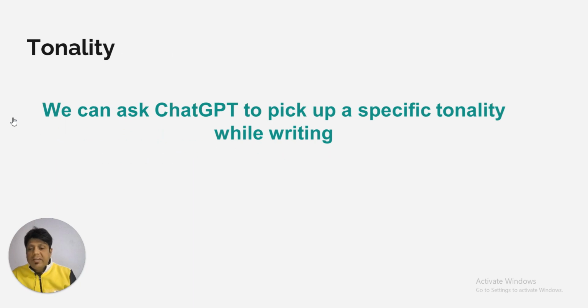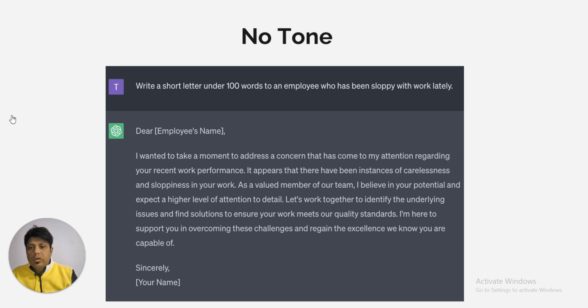So when we want ChatGPT to answer in a certain tone, because tone matters. For example, if you want a formal tone or a humorous tone, you can actually specify that particular tone to ChatGPT. Let's see this as an example.